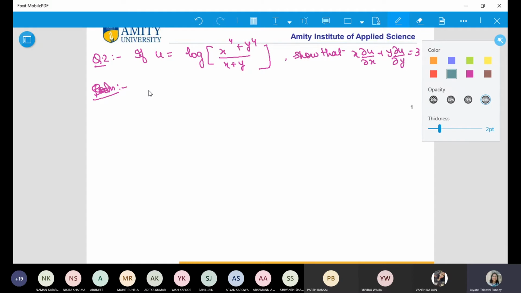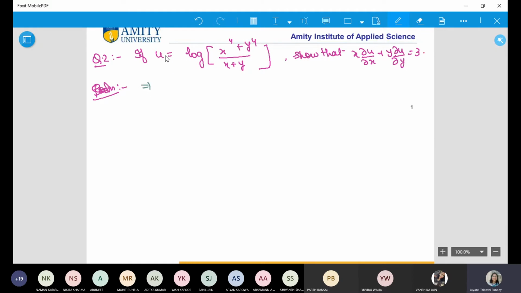Just see, you can write u is this. So if I write e to the u is this, accepted? Is it accepted or not? Yes, ma'am. What should be our substitution now?